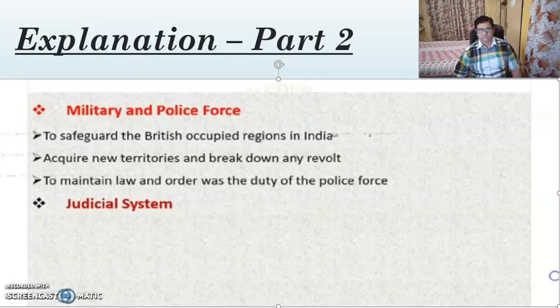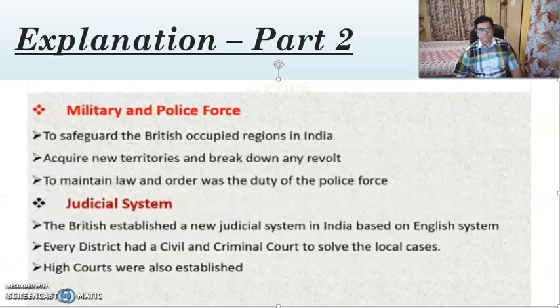Judicial system. The British established a new judicial system in India, and this system was based on the English system, which was followed in England. Every district had a civil and criminal court to solve the local cases.